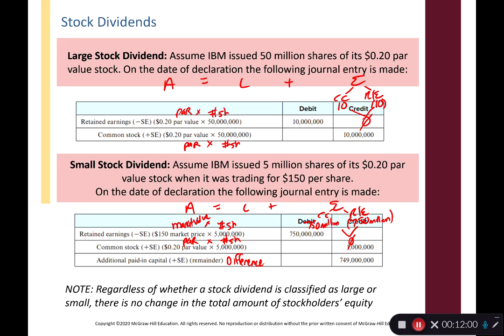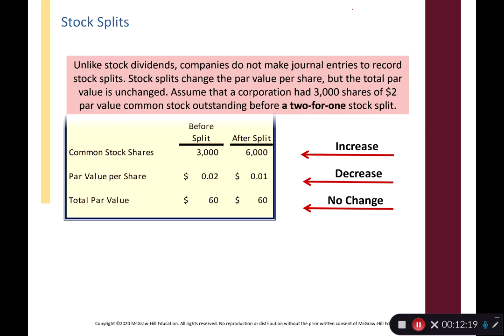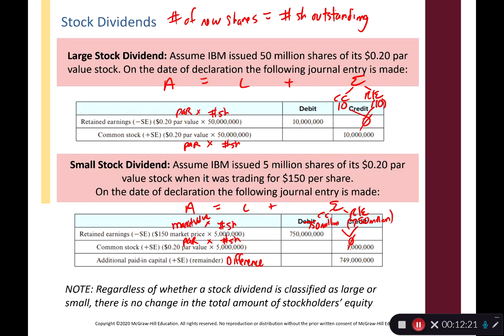If we weren't given the number of shares, in order to get the number of new shares, we would take the number of shares that are currently outstanding and multiply it by the stock dividend percentage.